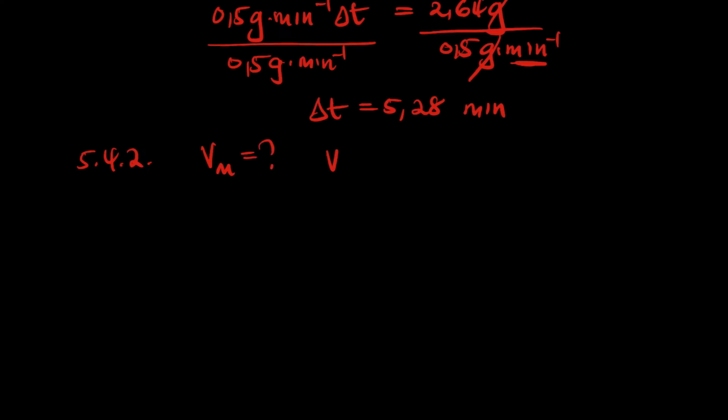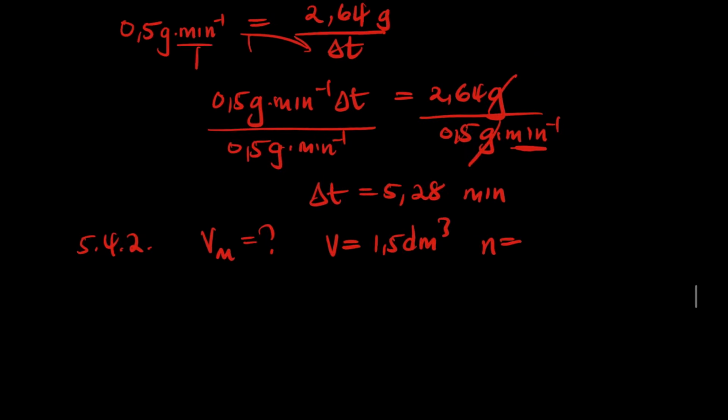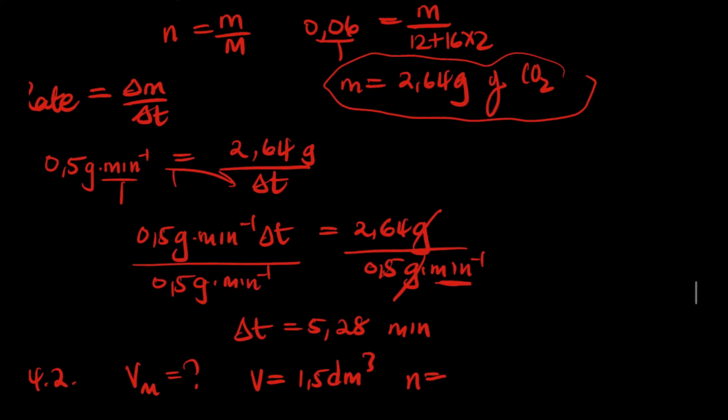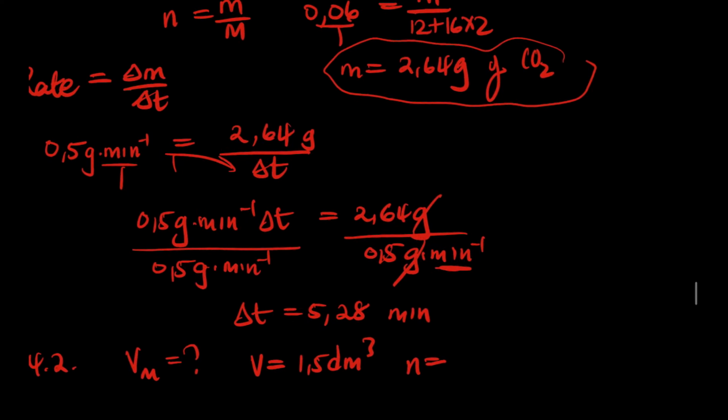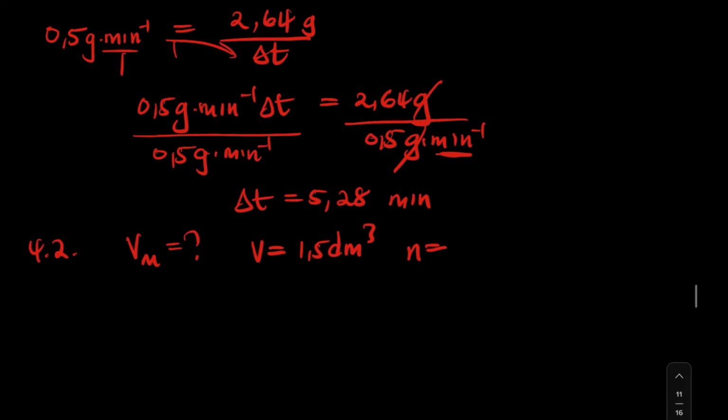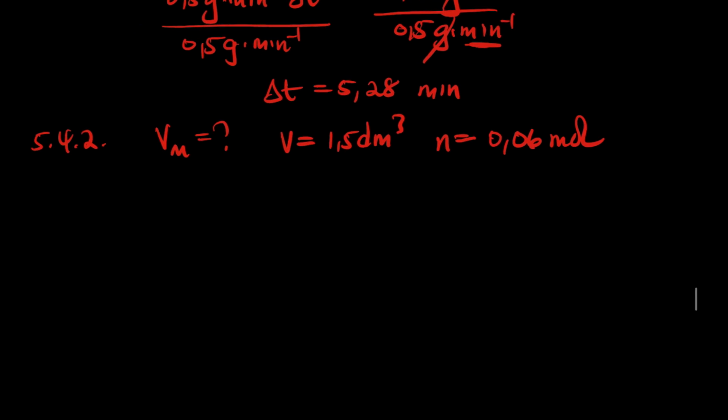We're given the volume as 1.5 dm3 and the number of moles of the carbon dioxide, the number of moles is 0.06 mole at that temperature, which is 40 degrees.